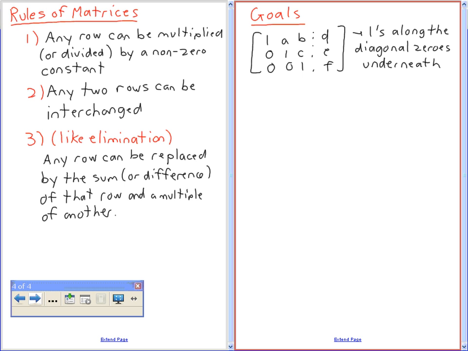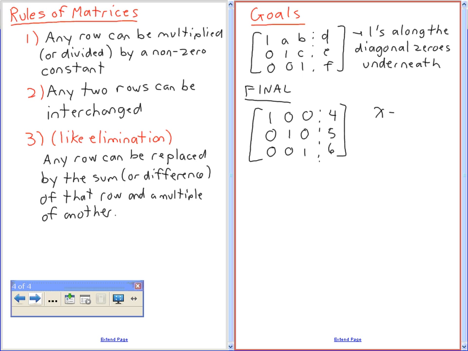Is that a 4 by 3? Yes. The final line we want to look something like this. Can anyone try and read out in English what that final row is going to be? Go ahead. It should be x equals 4, y equals 5, z equals 6.